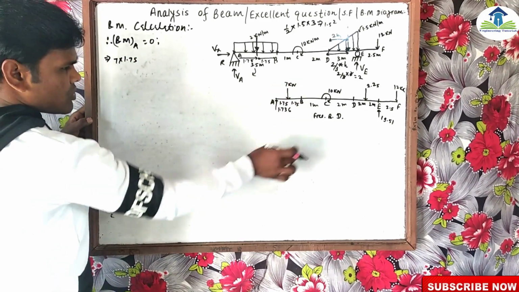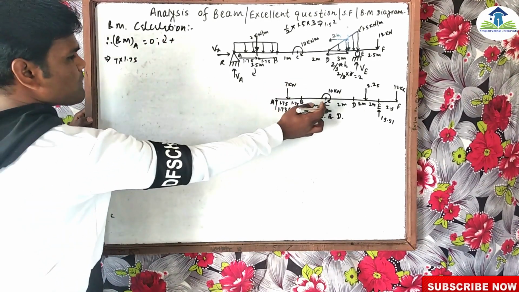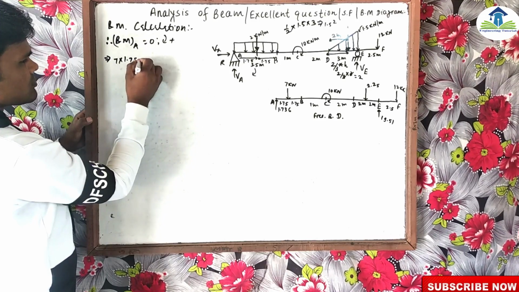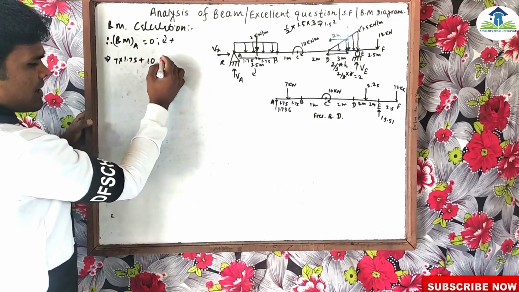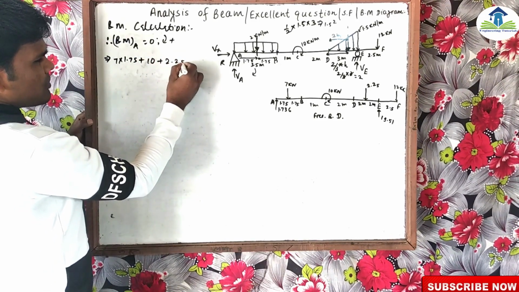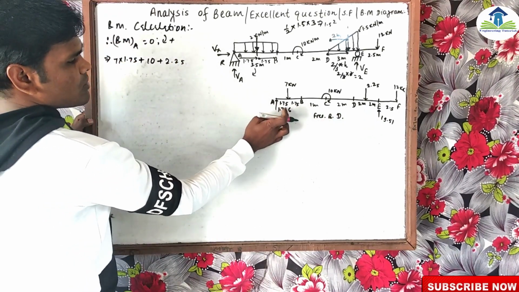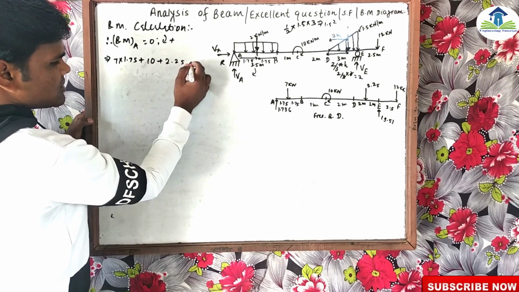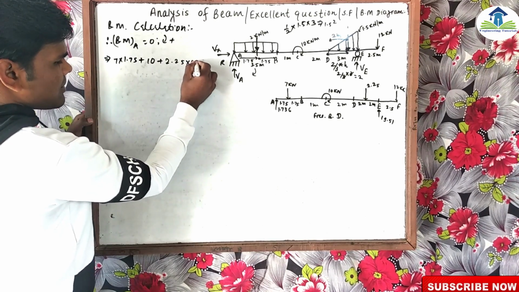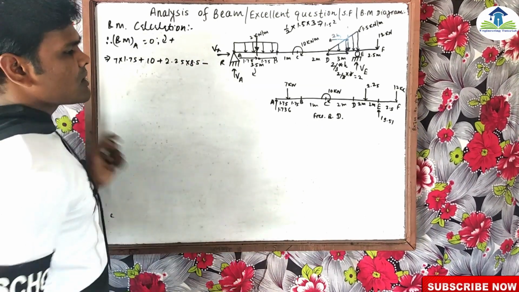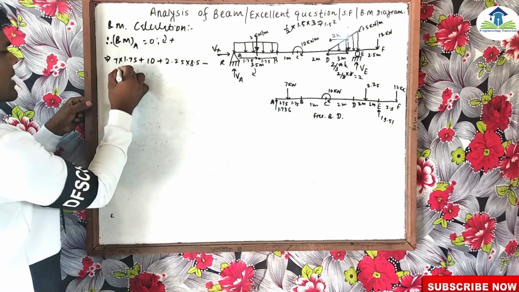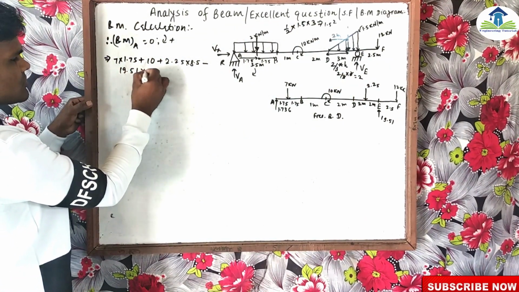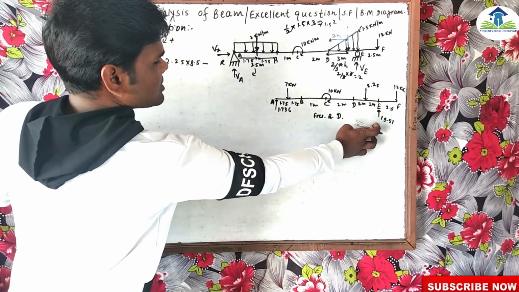7.175, this is a clockwise moment, so clockwise is positive. Now 10 is also a clockwise moment. And now 2.25 at what distance? 3.512 and 2, this will be 8.5. Minus, this is the anti-clockwise moment, so 19.51 into 9.5, this is the total distance.